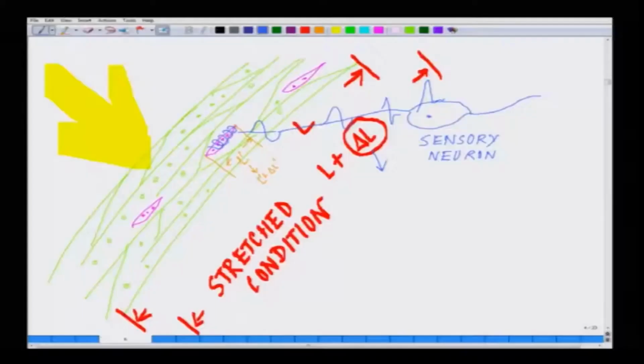Once it enters inside the spinal cord, I told you there are two options. This change in length it has already decoded. So, the message that there is a change in length is communicated by a specific train of action potential. In other words, what would happen now?